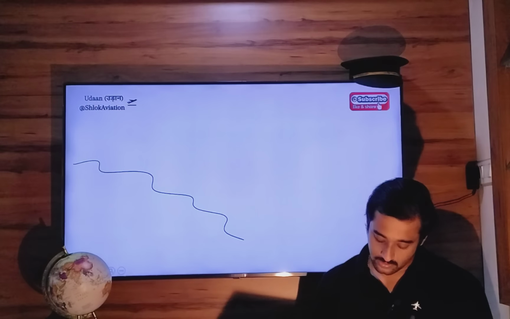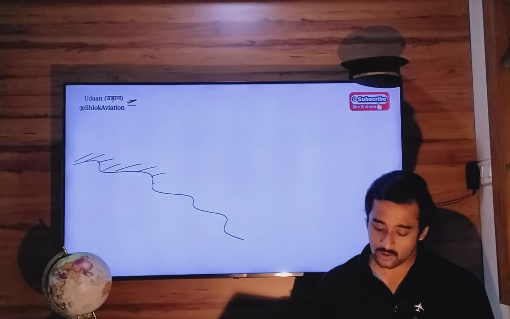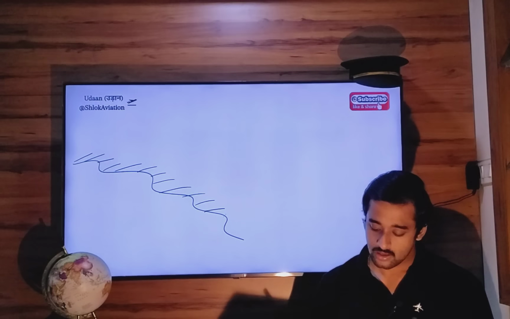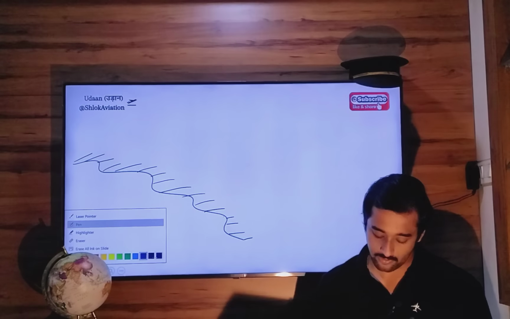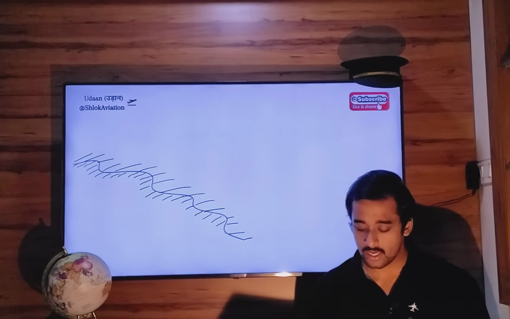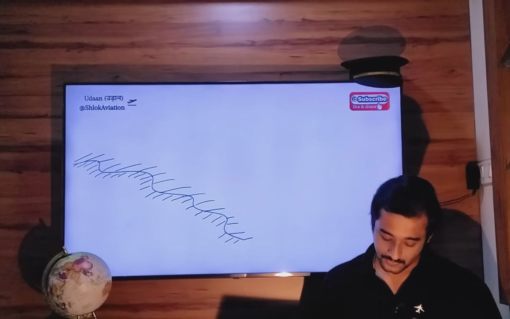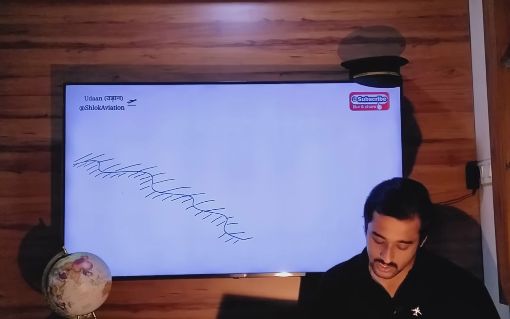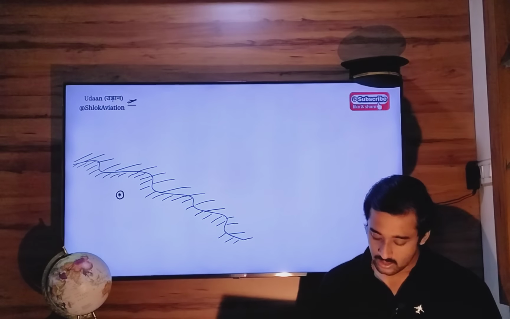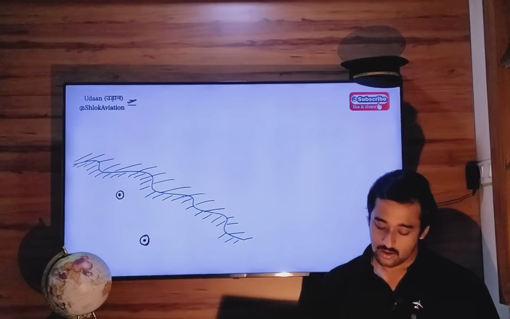So here is your water surface. On the other side, we have a solid land surface. I'm going to take two NDB stations. One is close to the coastline and one is well inbound, towards the city, not near the coastline.